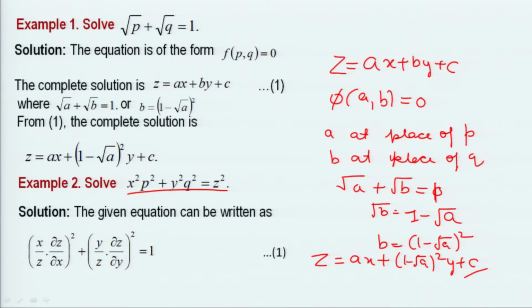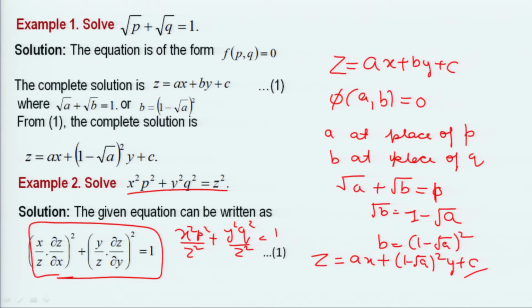For this, we divide the equation by z squared, so x squared p squared upon z squared plus y squared q squared upon z squared is equal to 1. That means (x upon z, p is del z upon del x) whole squared plus (y upon z, del z upon del y) whole squared is equal to 1, and we want to reduce it to the form of type first.